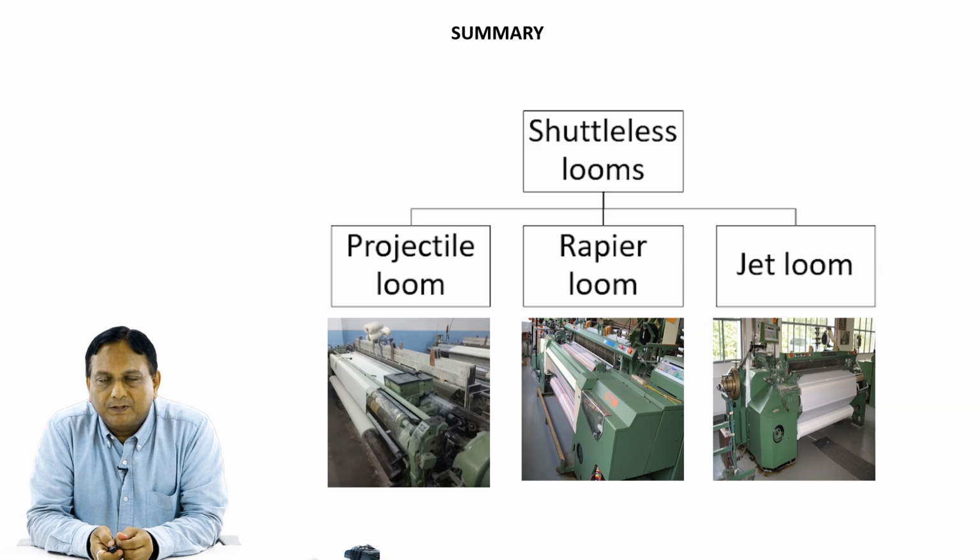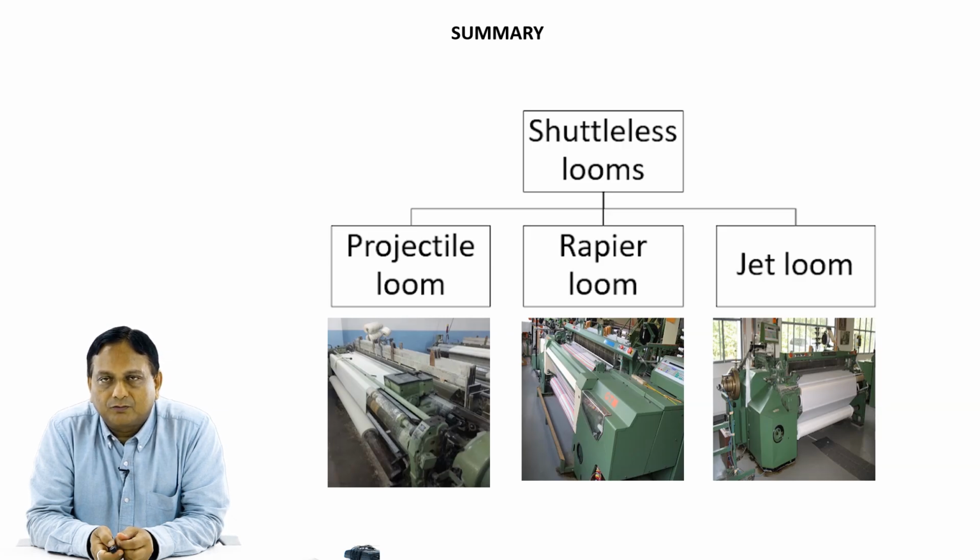So what is the advantage of this loom then? The advantage is that the speed of the shuttle-less looms is also very high, and with very low noise levels, workers feel comfortable working on such looms.